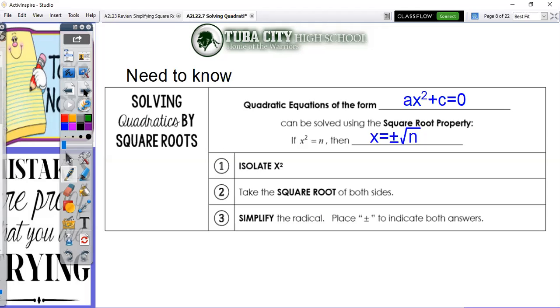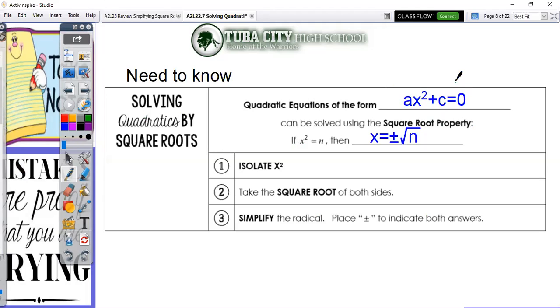All right, so this only works on quadratics in this form, so it does not work on standard form quadratic equations. In this case, we are missing a b value. See how the b value is not there? We only have a and c, and that's it.